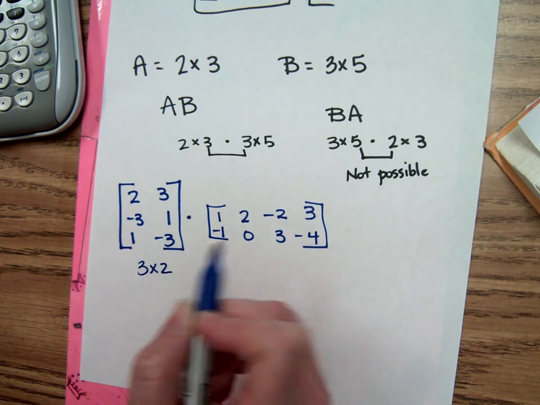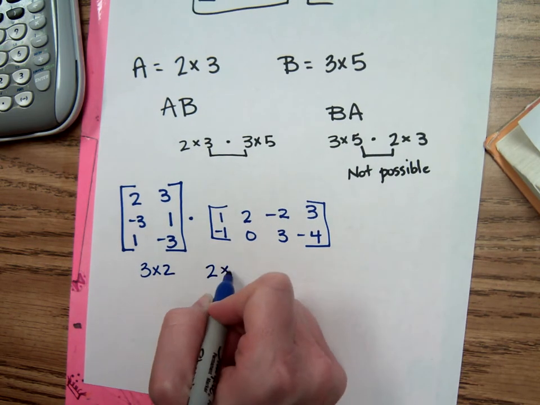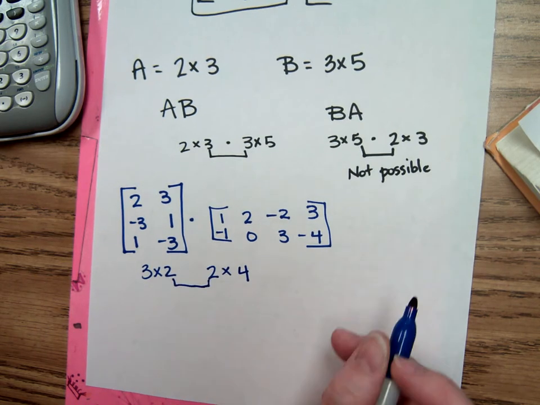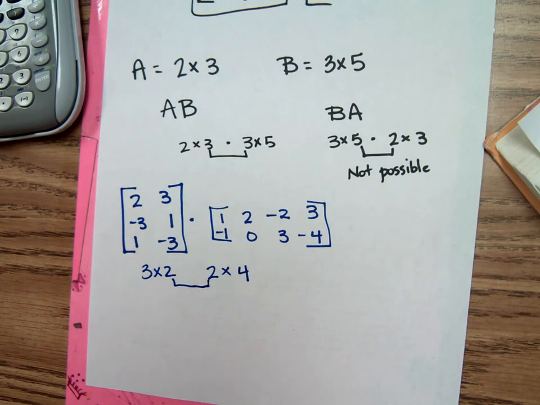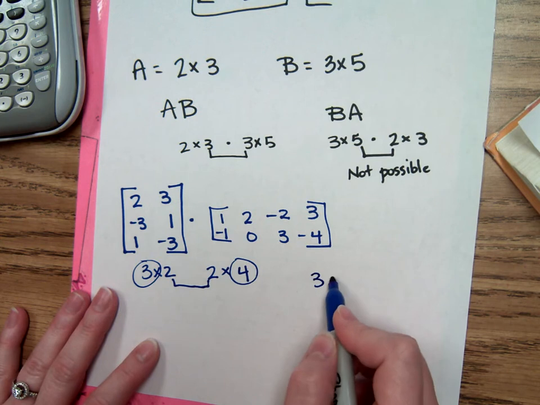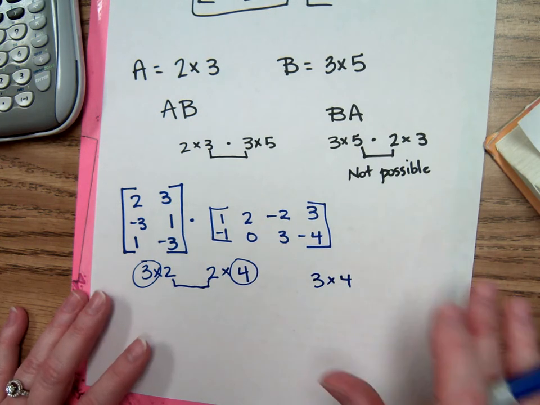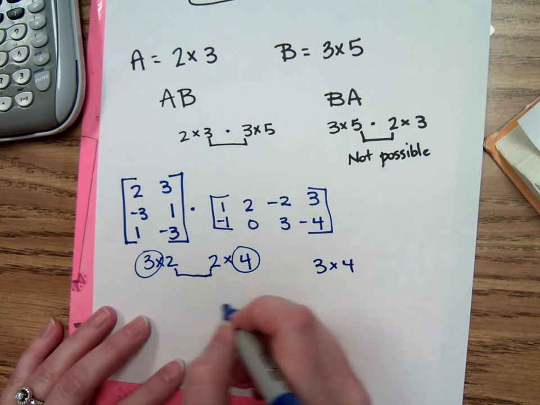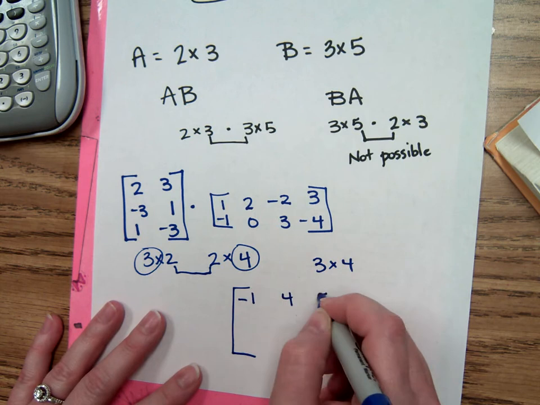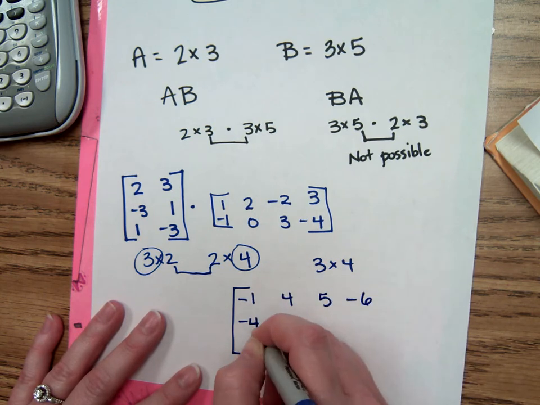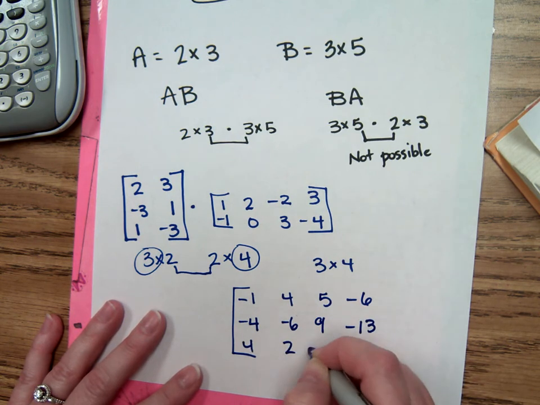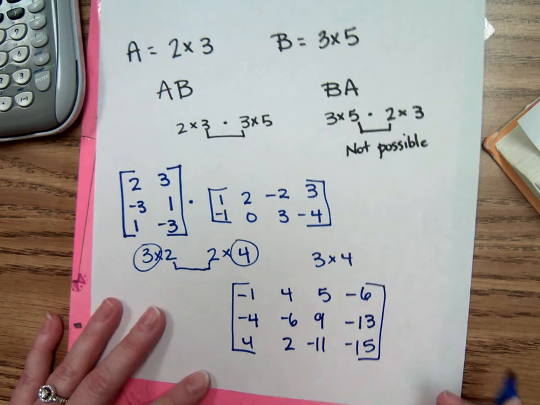This is a 2 by 4. So these two match. And then the dimensions of your answer will be whatever's left. A 3 by 4. See? So that's pretty cool. And then let's see, what did you get? It's like -1, 4, 5. Is this what you got? Is that your answer?